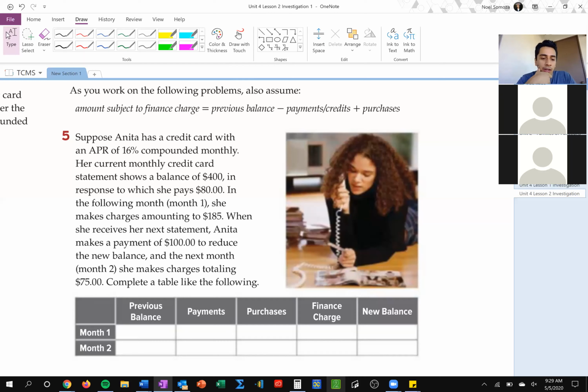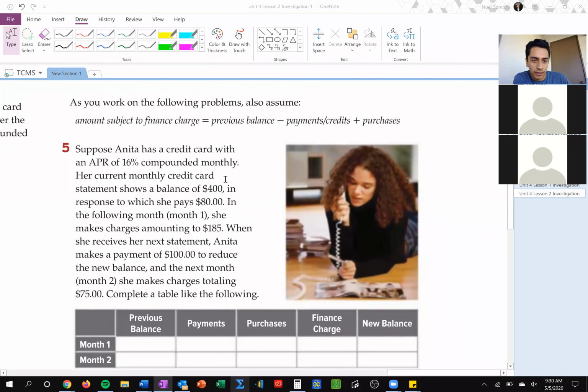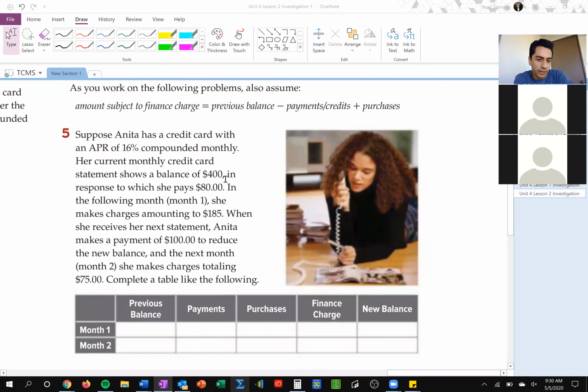Let's begin here by filling in what we know, starting with that previous balance, what she owes. In month one, she has a balance of 400, so in here we want 400.